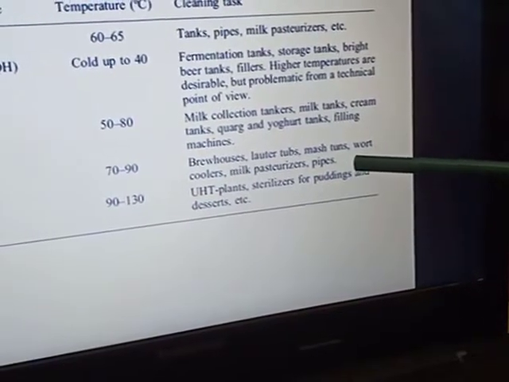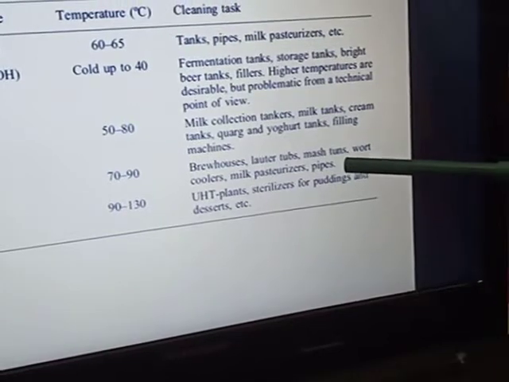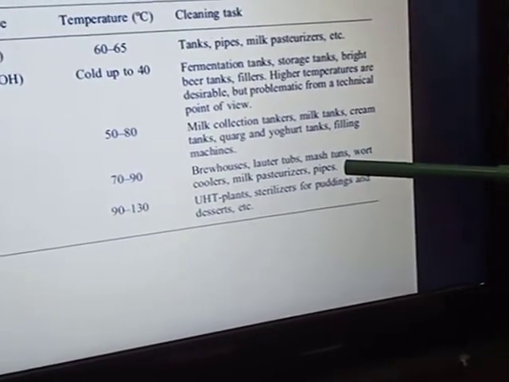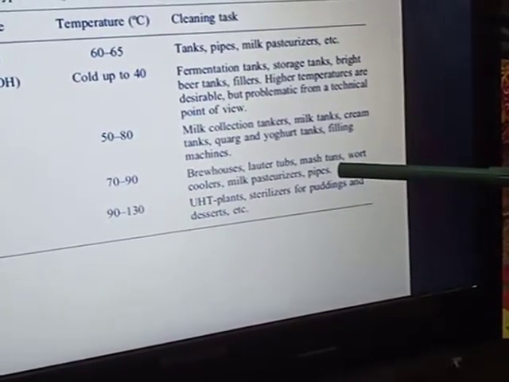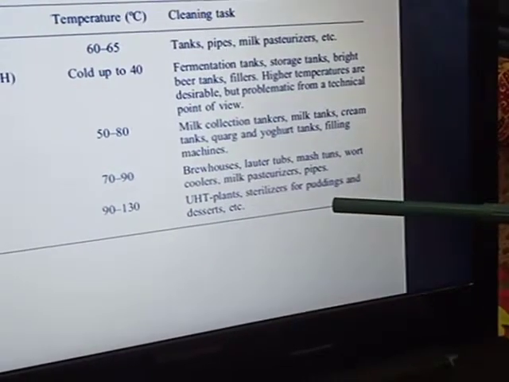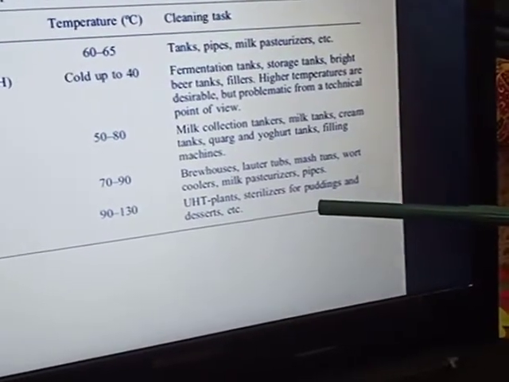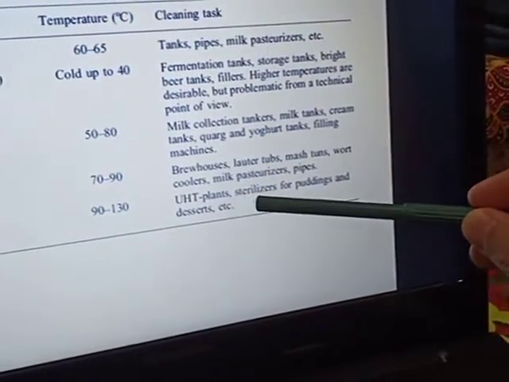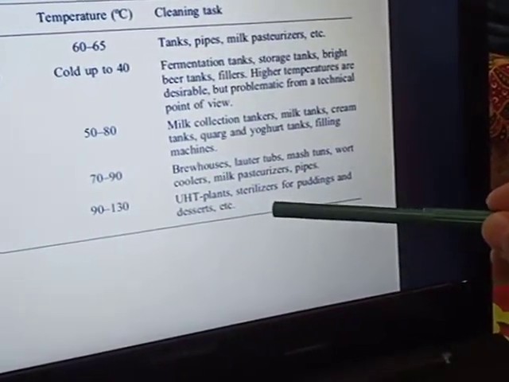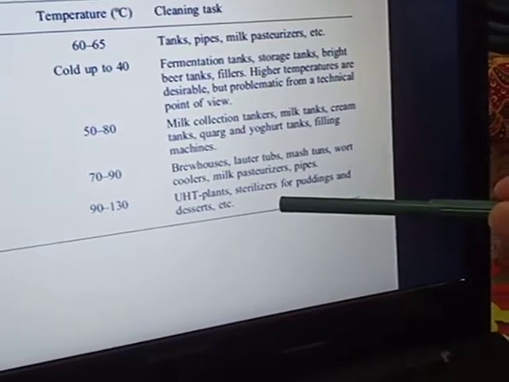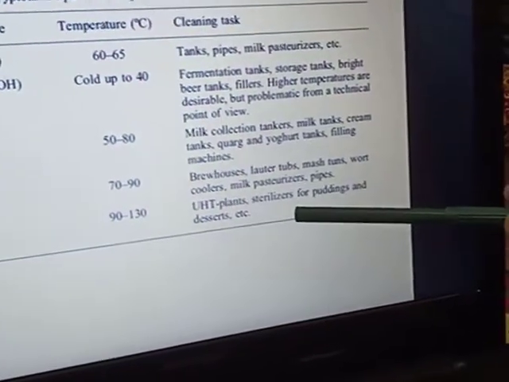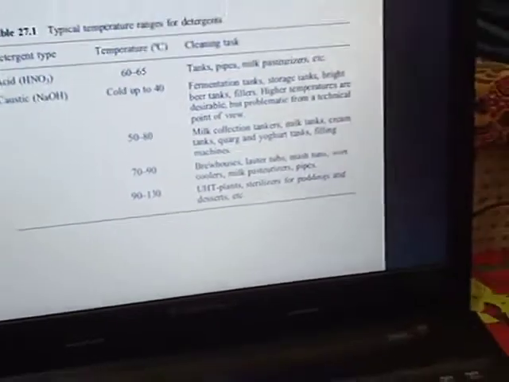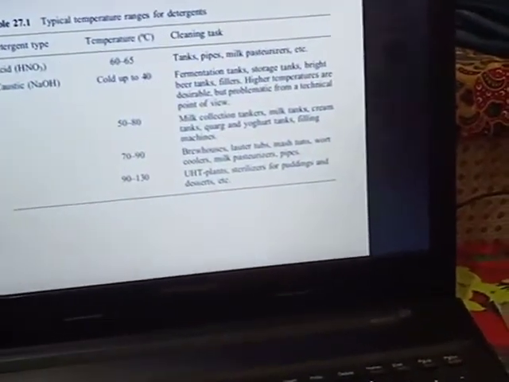The brew houses and milk pasteurizers have a lot of proteins, so you have to do it at higher temperature, 70 to 90, and 90 to 130 is used for UHT, ultra high temperature plants for milk or juices, and sterilizers for puddings and desserts. This is to kill the bacteria.